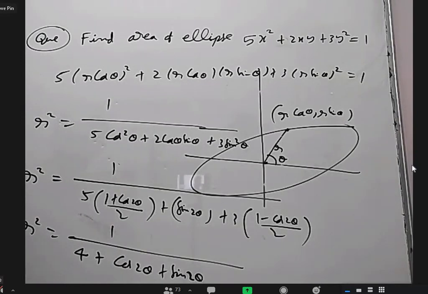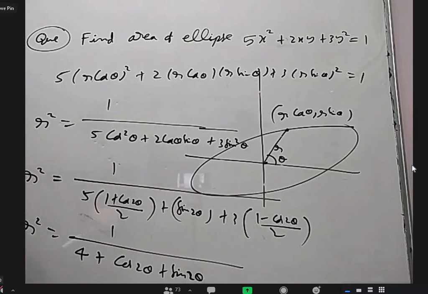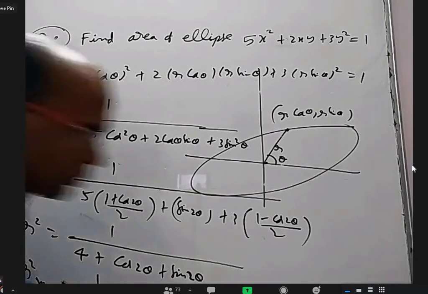All right. Now, tell me what is the maximum value and minimum value? If you want this to be maximum, this should be minimum, right?